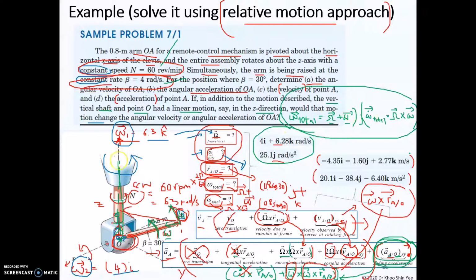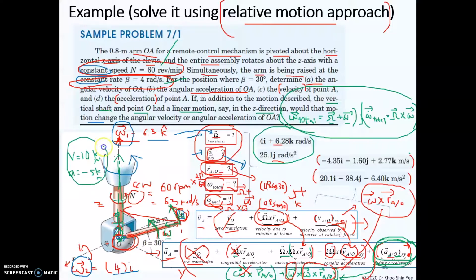What if the linear shaft here and point O is moving upward with velocity equal to 10 in the z direction, which is k, and the acceleration is negative 5 in the k direction?